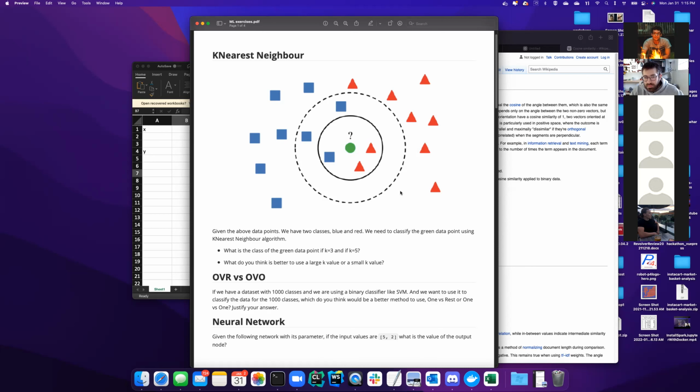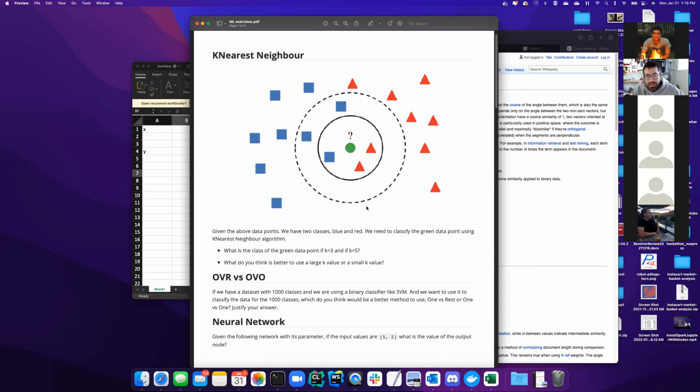But let's say in our case here, a small one pulls toward the red, where a big one pulls toward the blue. Then using a different size of k gives a different look at the elements that are present.